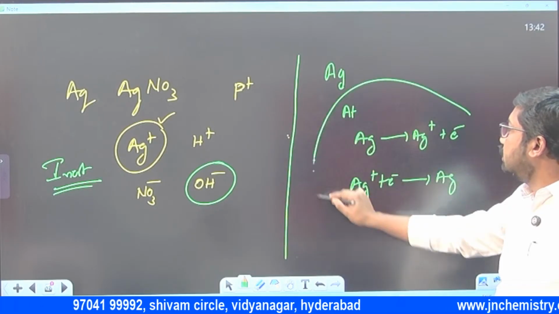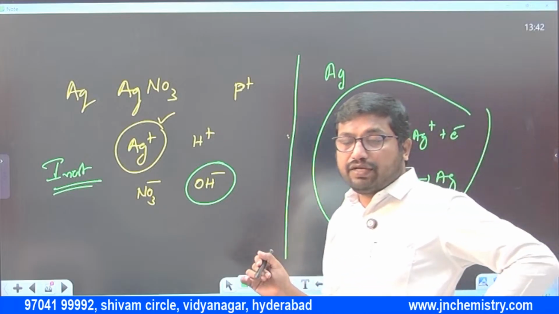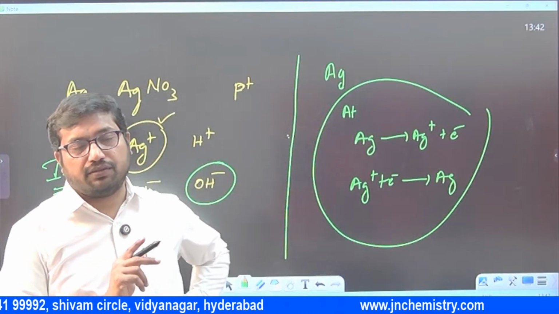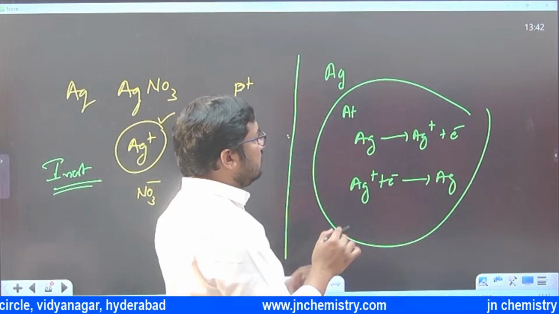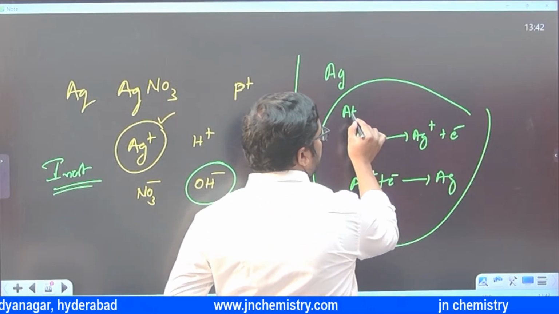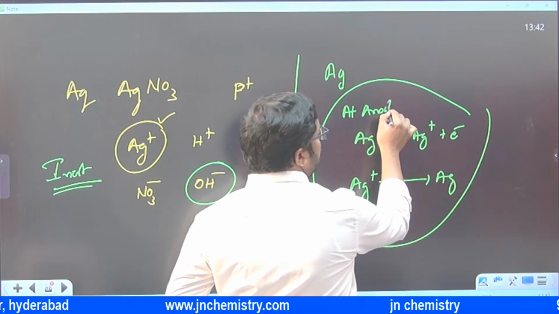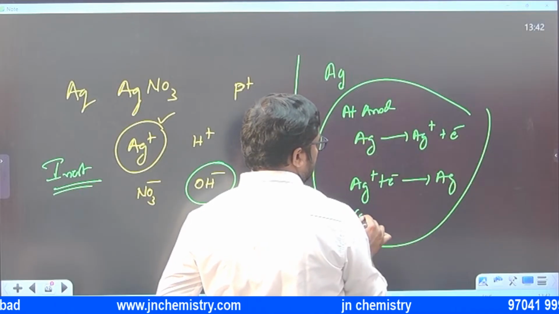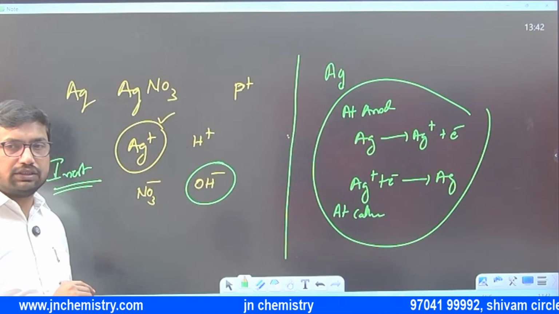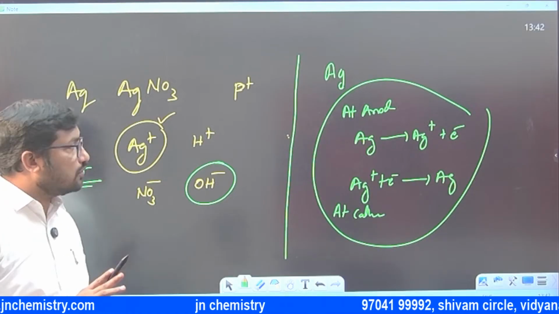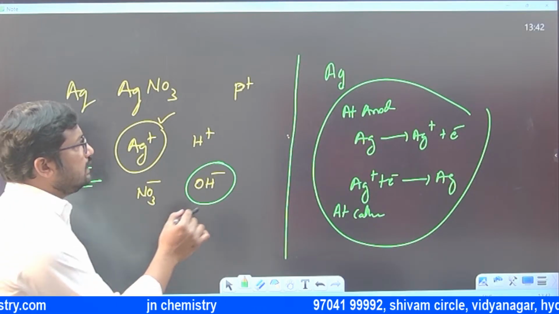So these two reactions always take place when we are using the active electrode. Write it down. At the anode and cathode, the electrode itself undergoes oxidation as well as reduction by default.